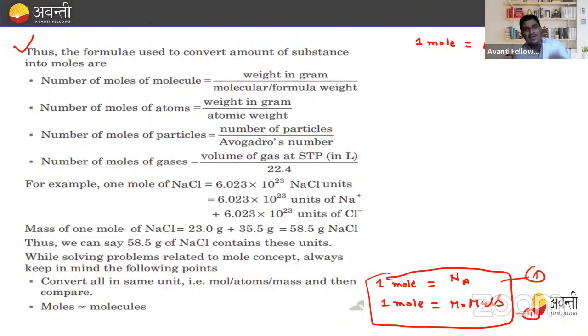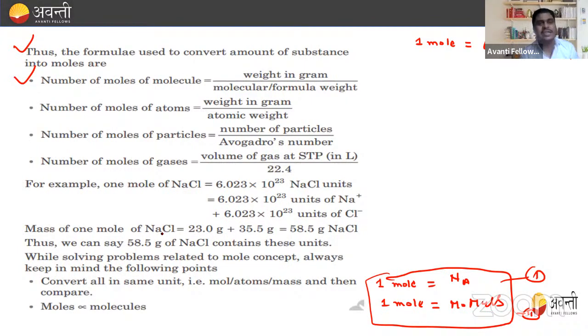Okay, so how will you calculate the mass and the moles related to each other? How is this formula useful for calculating the number of moles or the weight in gram and so on?